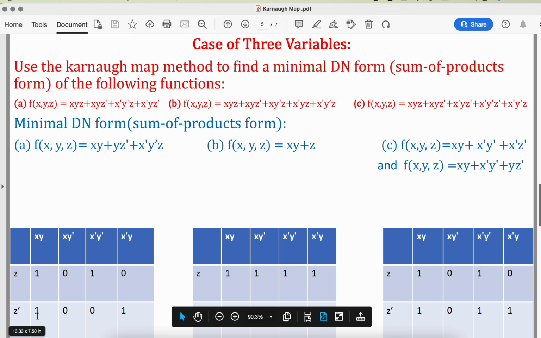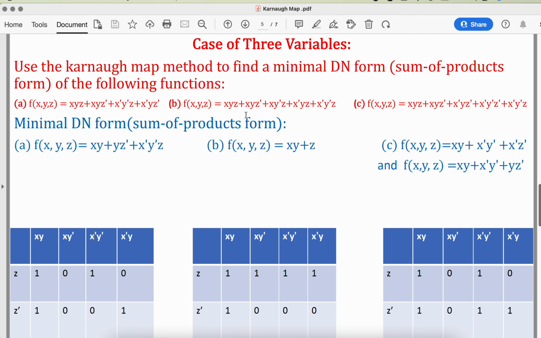So we can join this and this because we can wrap them around, as if we fold the paper. So here x and x' are in complemented and uncomplemented form, and we are left with y, and here it is z'. So it is yz', and this is an isolated square, so it is x'y'z.